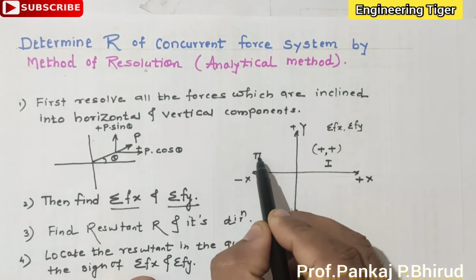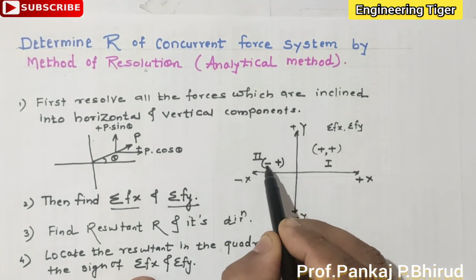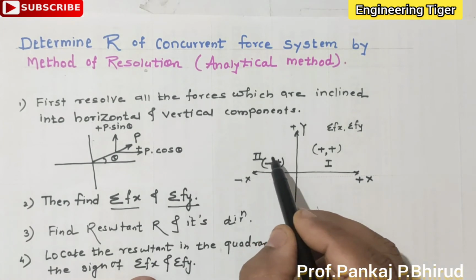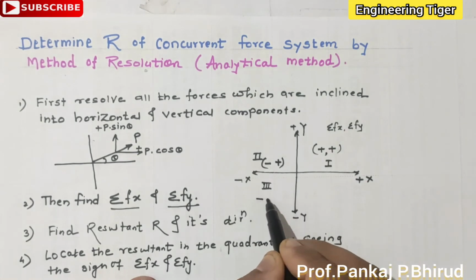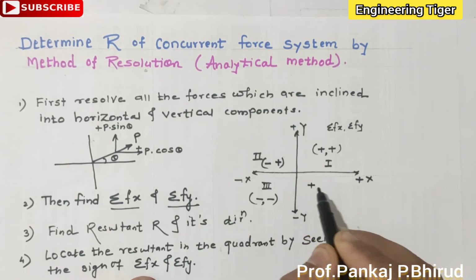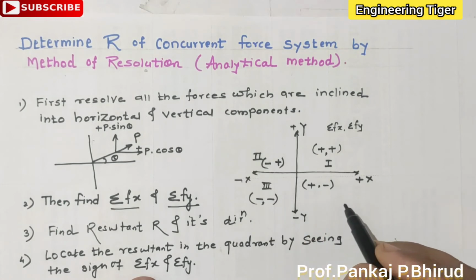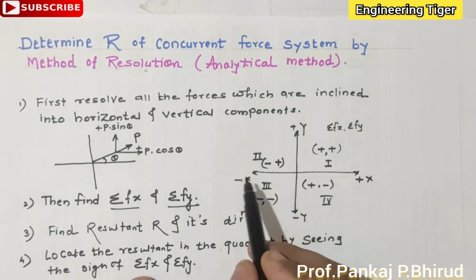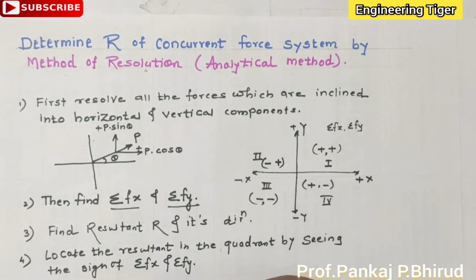In the second quadrant, the signs are x minus, y plus, so if sigma Fx is minus and sigma Fy is plus, it will be in the second quadrant. For the third, both are negative, so it is in the third quadrant. Plus minus, then the resultant will be in the fourth quadrant. So we can locate the resultant by seeing the sign of sigma Fx and sigma Fy.